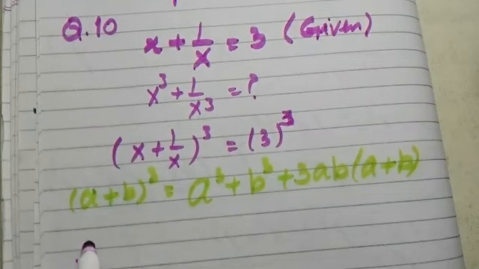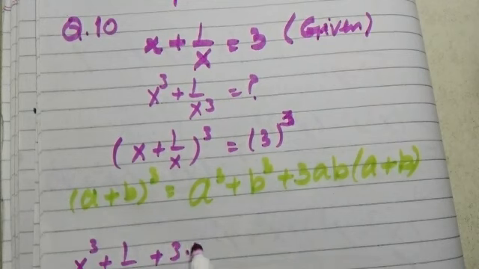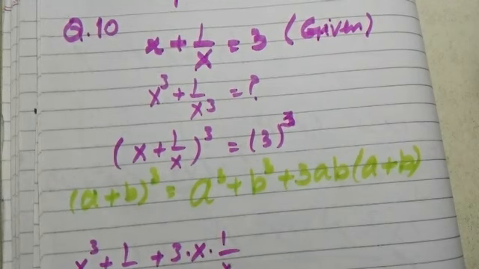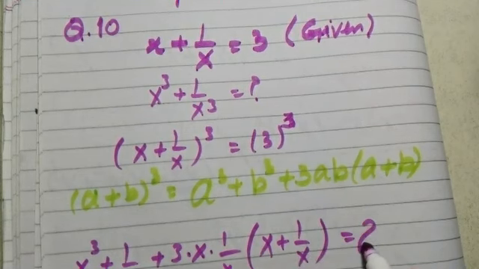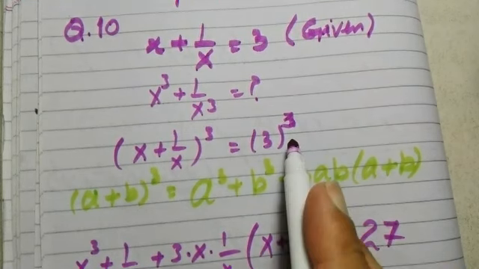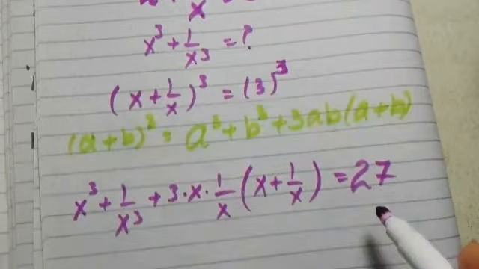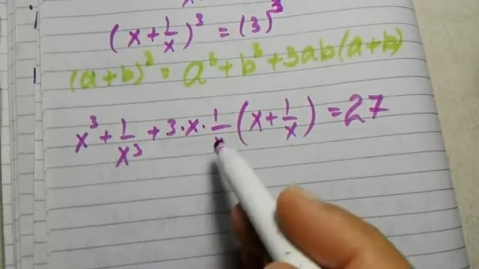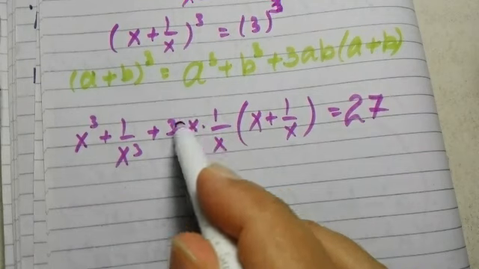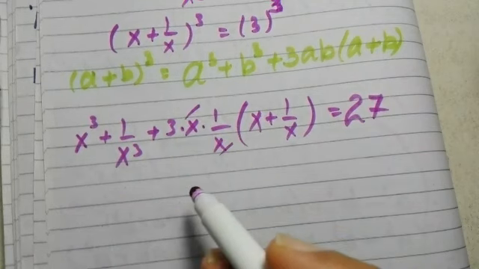That will be x cubed plus 1 over x cubed plus 3 times x dot 1 over x into x plus 1 over x equals 27. 3 cubed will become 27. You will see that these two terms x and this x will be cancelled.